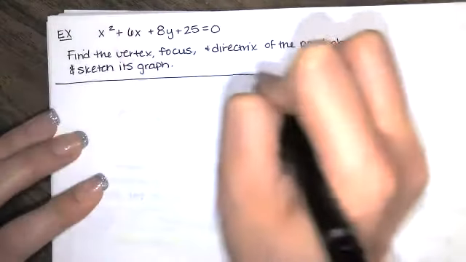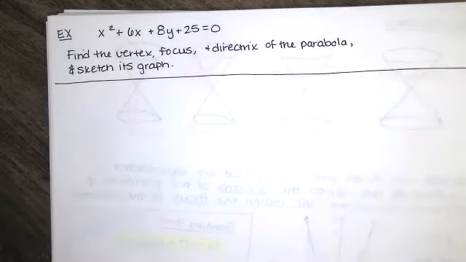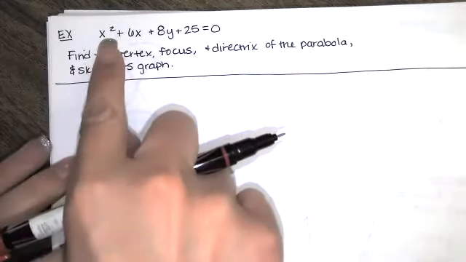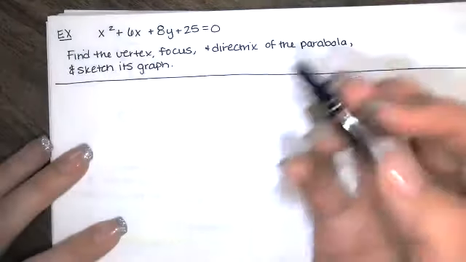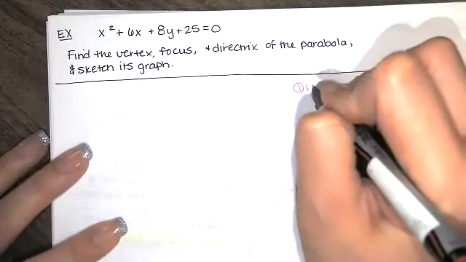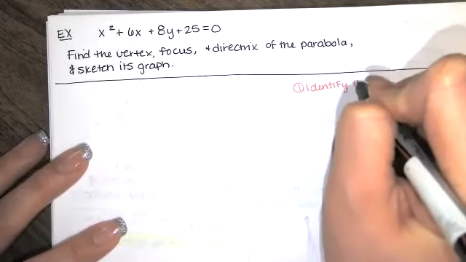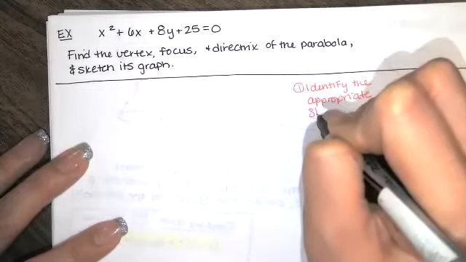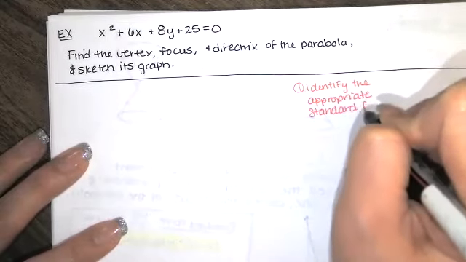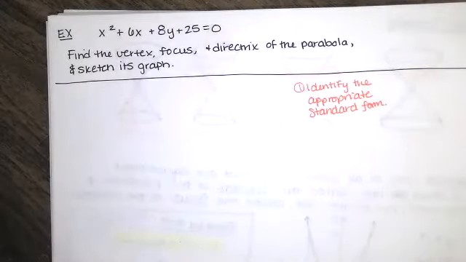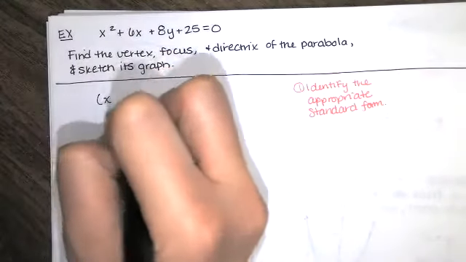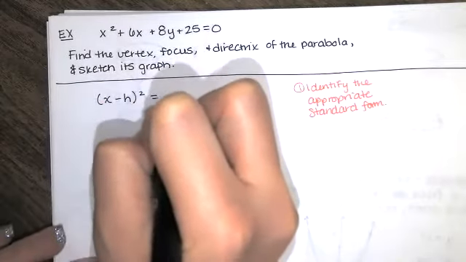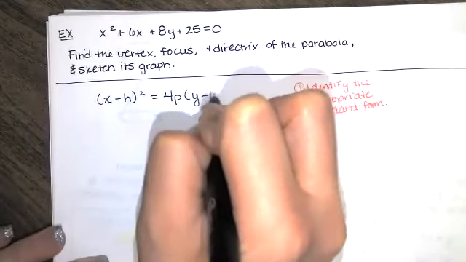With a problem like this, I always start by identifying which variable is squared and then writing down the appropriate standard form. Since x is being squared and y is raised to the first power, this is our standard form: (x minus h) squared equals 4p times the quantity (y minus k).